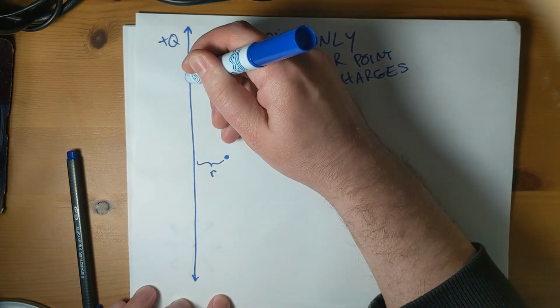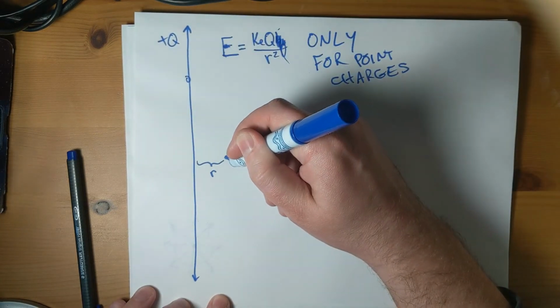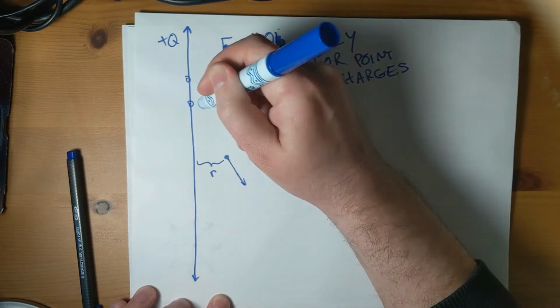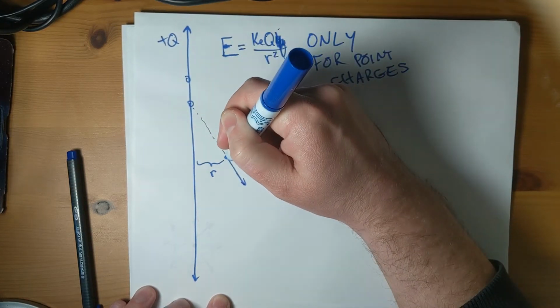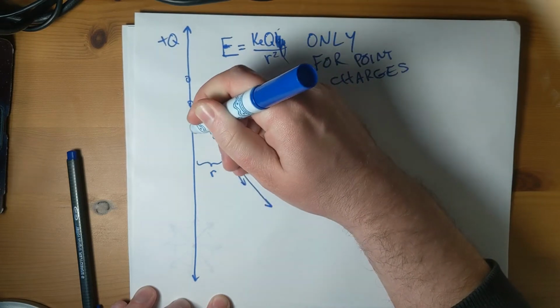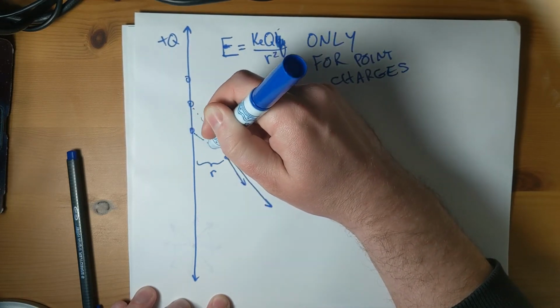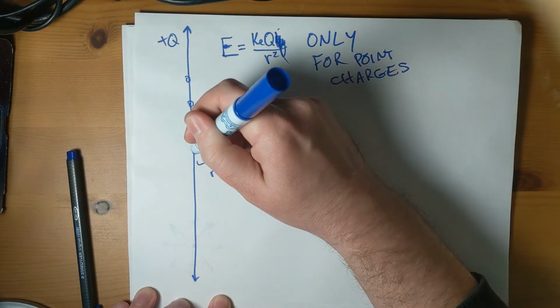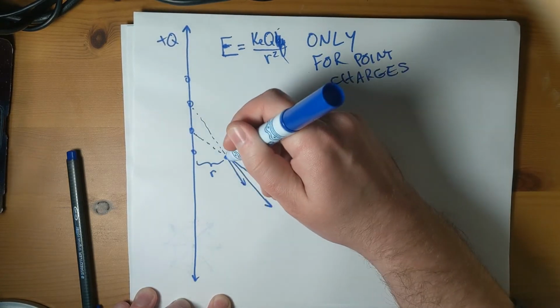Well, I know due to this little bit of charge here, I'm going to have an electric field like this. And due to this little bit of charge here, I'm going to have a bit of electric field, it's going to be longer because it's closer. And due to this bit of charge here, in this direction, it's going to be even longer because it's closer. And due to this bit of charge, I'm going to have more field. It's going to be like this.